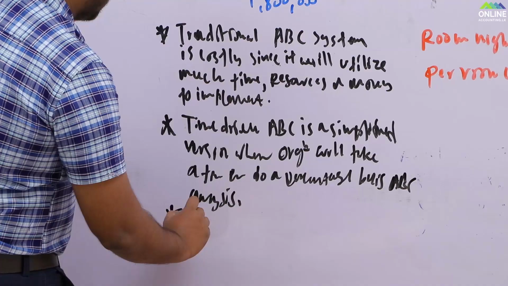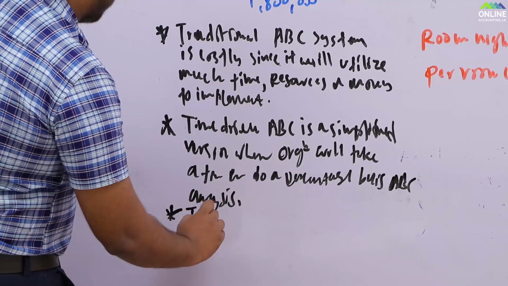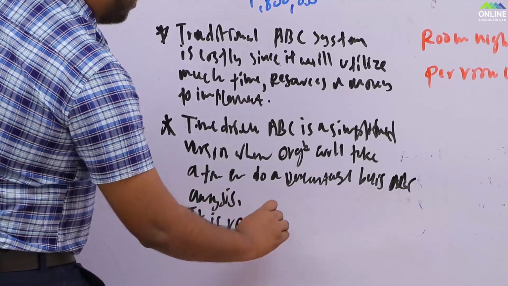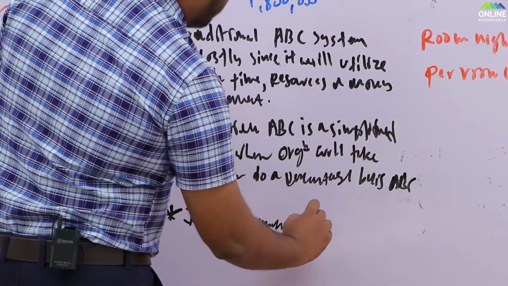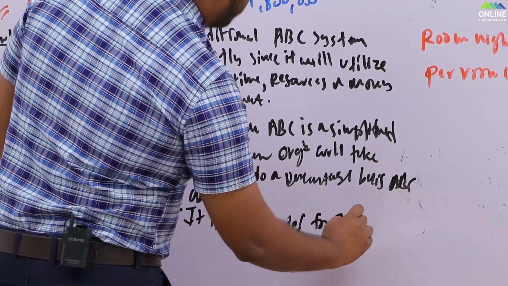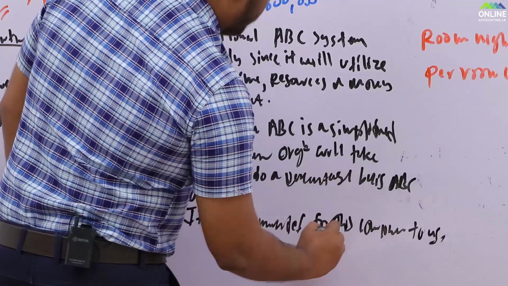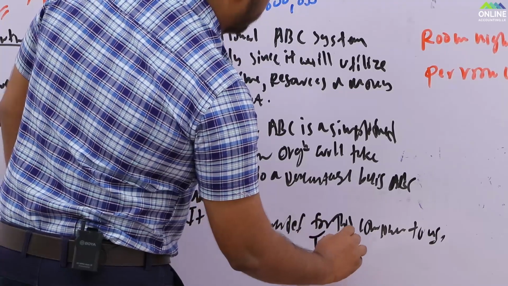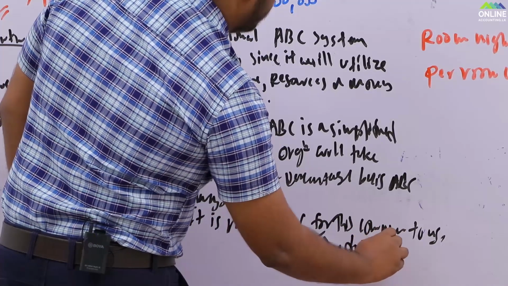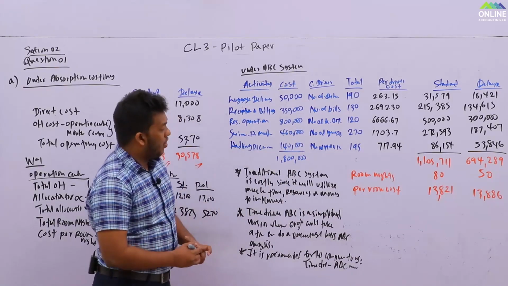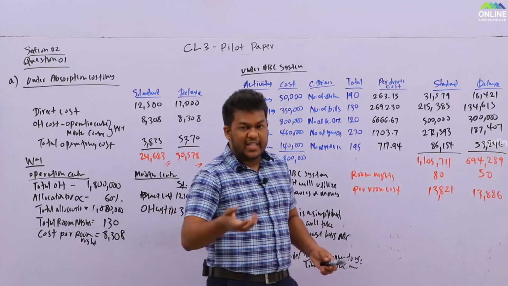So in this case, it is recommended for this company to use time-driven ABC instead of traditional ABC. That is how your answer should be.